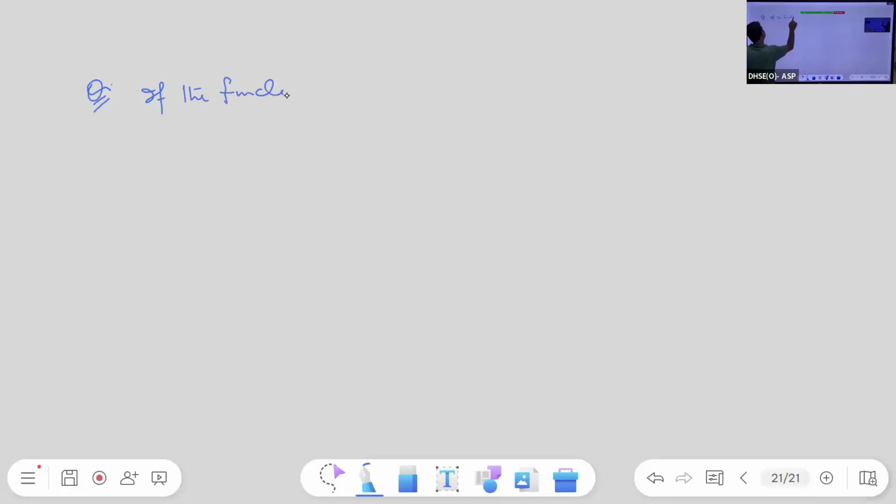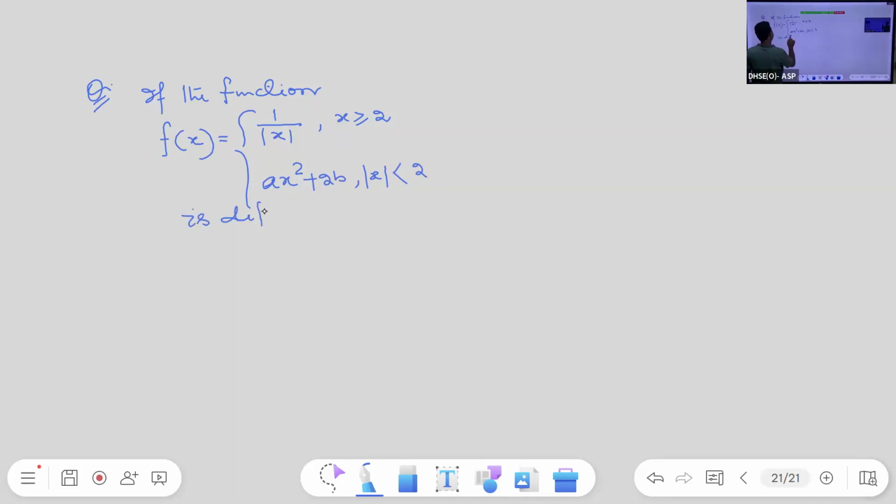If the function f of x equals 1 upon mod x, where mod x is greater than or equal to 2, and ax square plus 2b, where mod x is less than 2, is differentiable on R, then find 48 times a plus b.